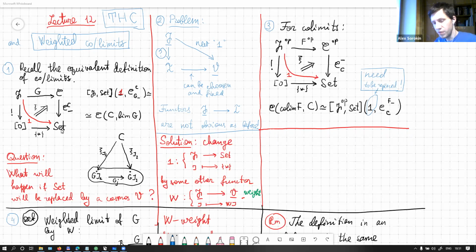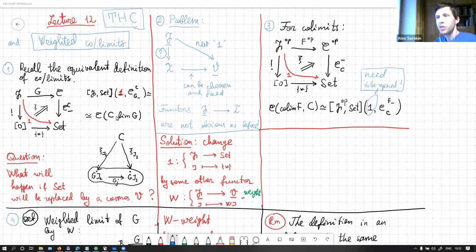It's just picking up a singleton. This functor I wrote in red, and it is the functor that I call the terminal functor 1. So my natural transformations from the terminal functor to the composition of functor G and a representable functor will correspond precisely to the legs of the cone.